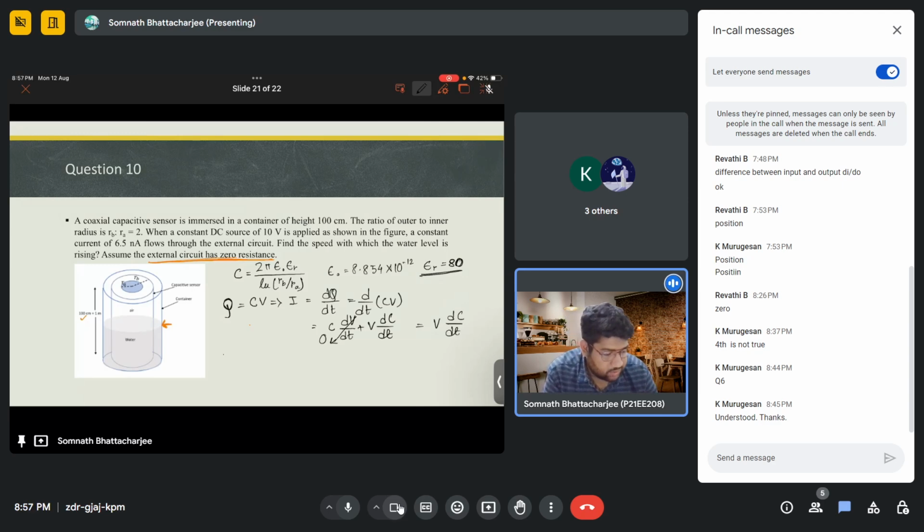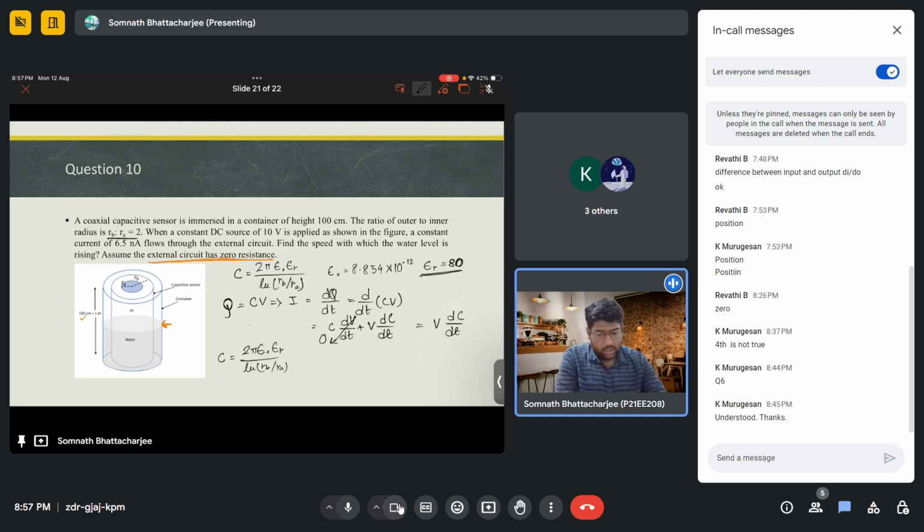So the capacitance of the sensor will be C equals 2 pi into, we already know the value of epsilon naught and epsilon r, divided by ln of Rb by Ra. We already know that value as well, that is nothing but 2, right? So here we need to know the capacitance of the sensor itself.